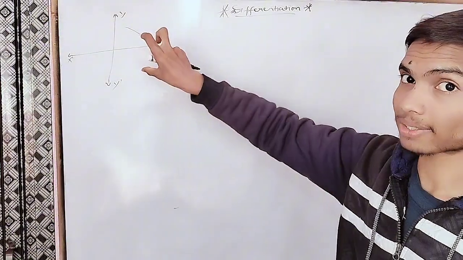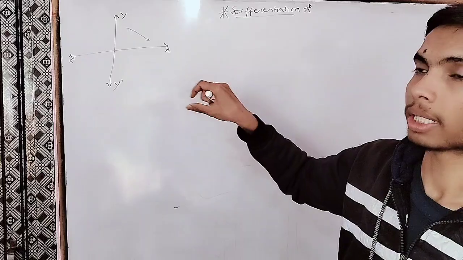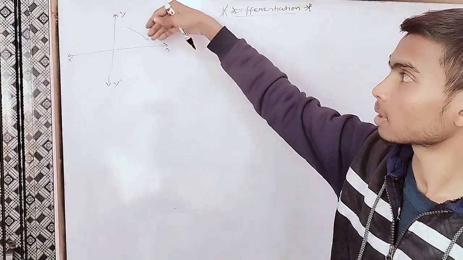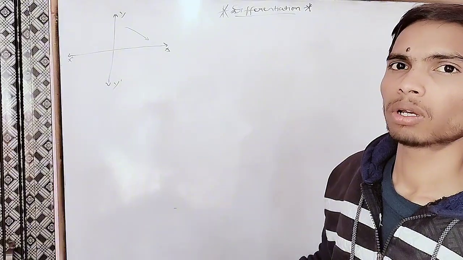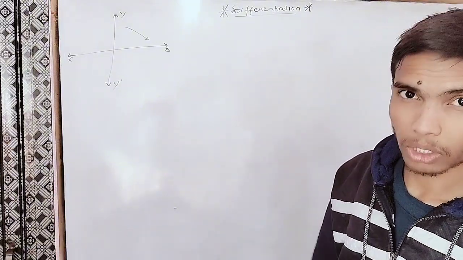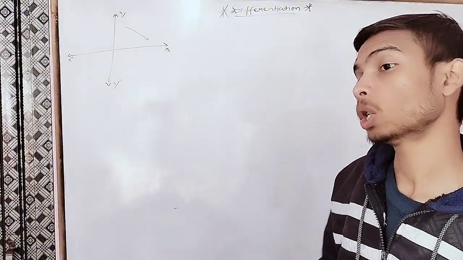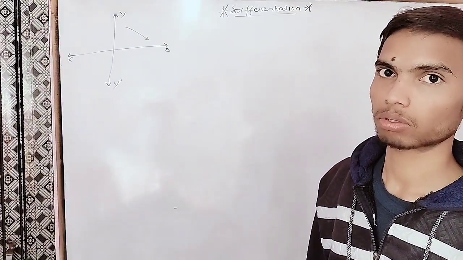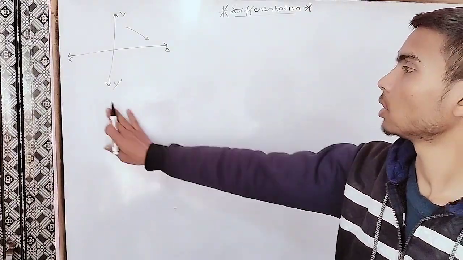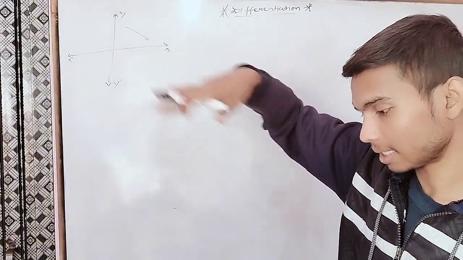So here our y came down. That shows y is going downwards with respect to the x-axis. Clear? So this y is decreasing.